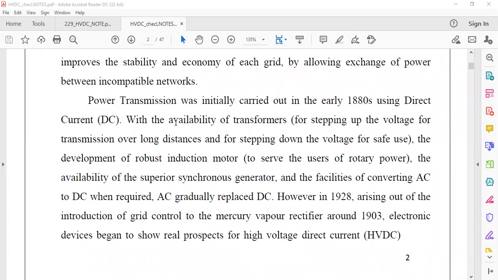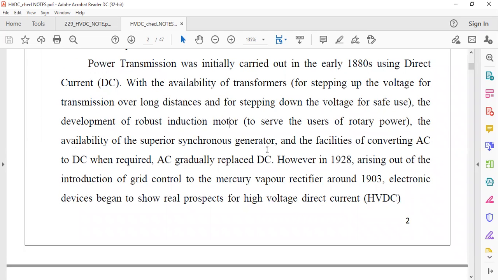After that, with the availability of transformers, robust induction motors, and superior synchronous generators, and the facility of converting AC to DC when required, AC gradually replaced DC, right?